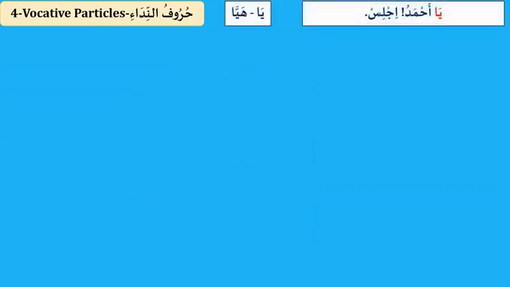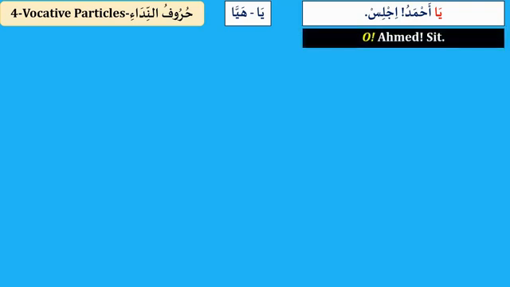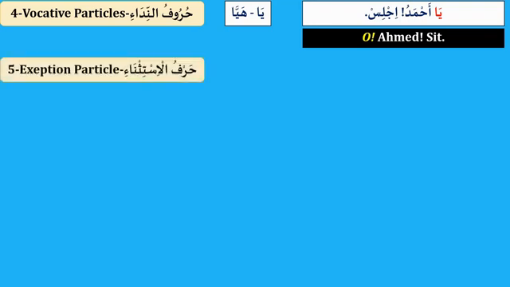Next one, حروف النداء, vocative particles. يا and ha'. Example, يا أحمد اجلس. O Ahmed, sit. يا means O. Next one, حرف الاستثناء, exception particle. إلا.